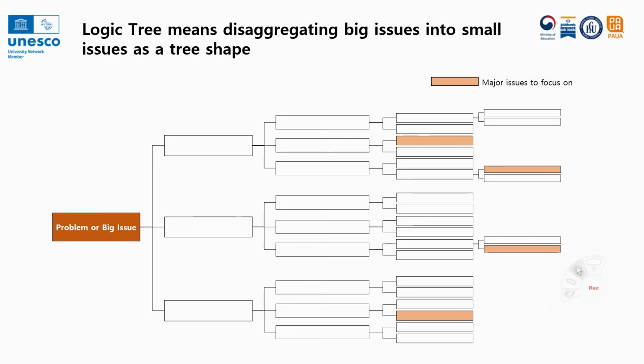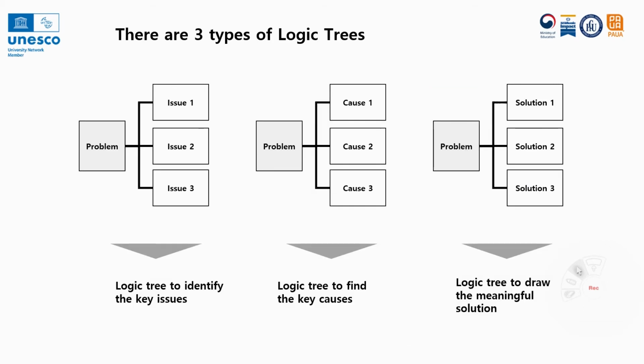Okay. There are 3 types of logic trees you may use in developing business strategies. The left-hand side issue tree is simply dividing the problem into 3 small issues. So that is a logic tree to identify the key issues.